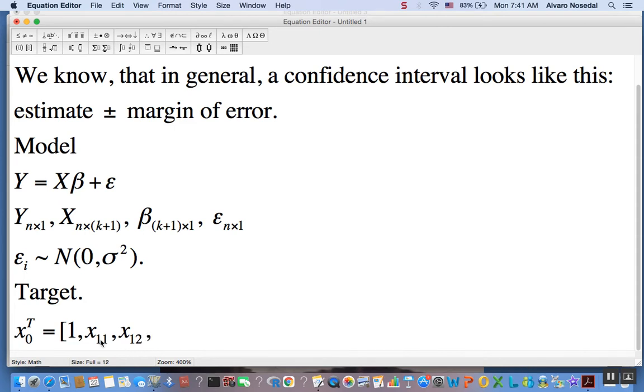Let me change this to make it consistent with that 0 that we are using here. You'll see that it makes sense in a sec.